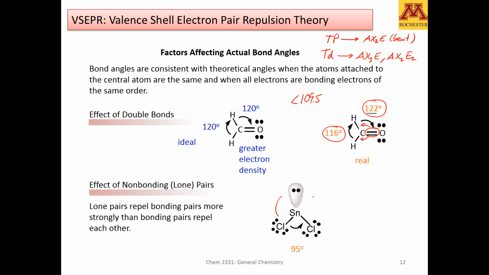So ideally this should be 120, but because the lone pair typically acts as a bulky surrounding atom, this will deform the ideal trigonal planar, so this will be higher than 120. You cannot tell how much, and this will be smaller than 120. Of course, in this case, if you know that this is 95 and these two angles are the same, you can just do a little bit of math and figure it out, right?